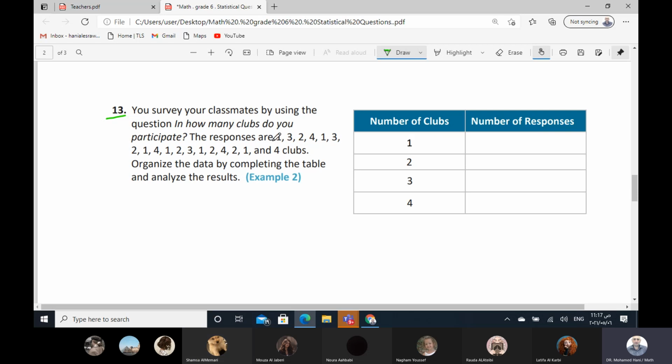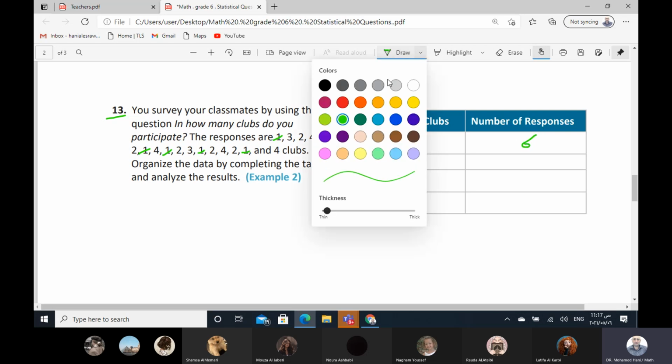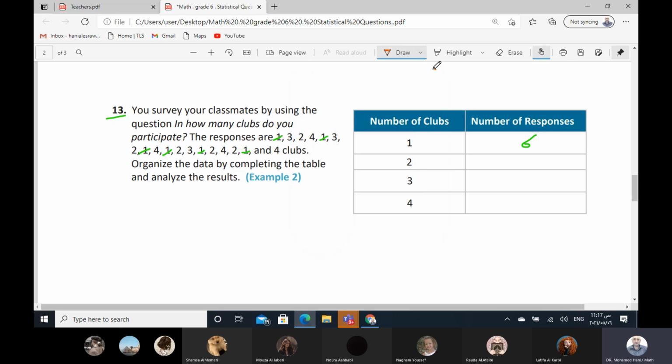Number 1 here, we have here 1, 2, 3, 4, 5, 6. Then number 2, we have here 1, 2, 3, 4, 5.